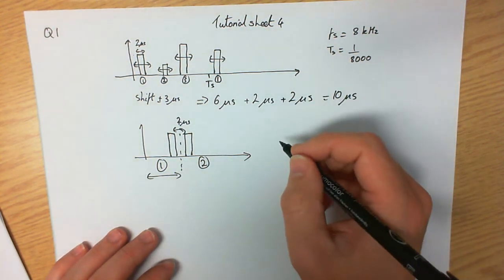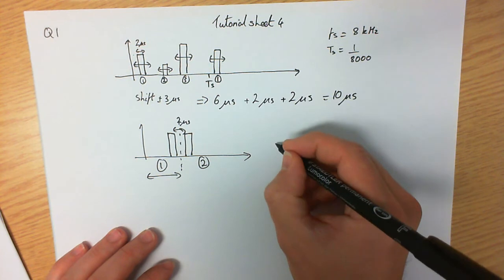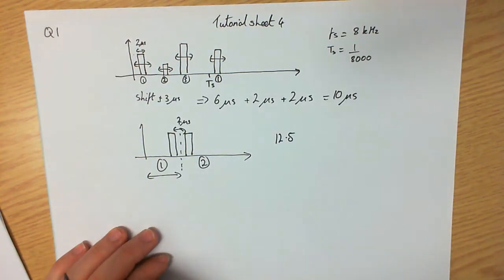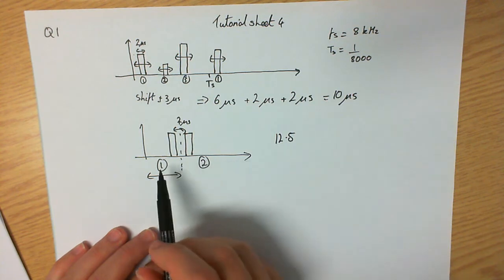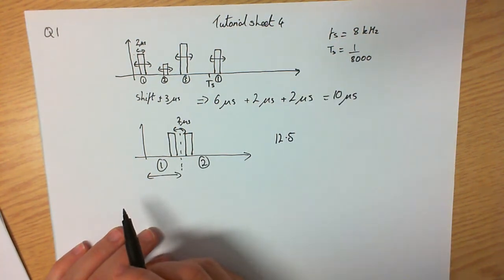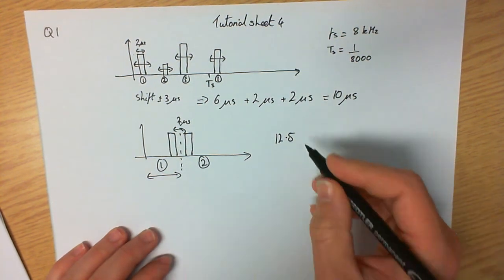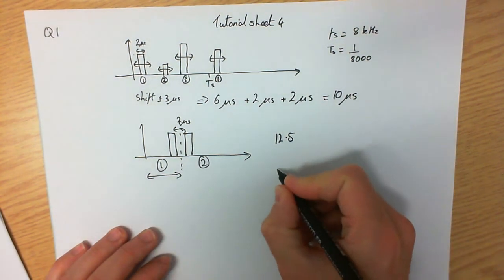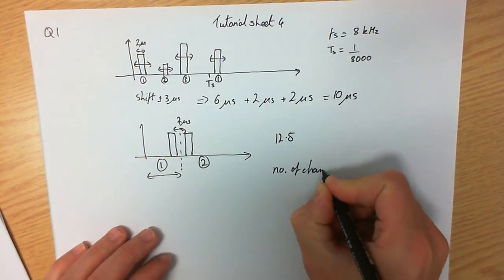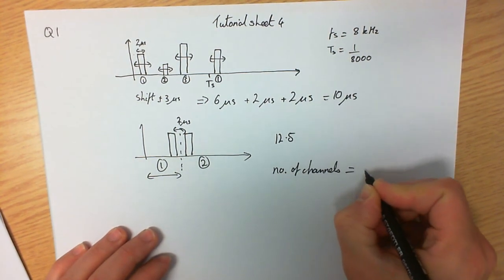And if you work that out, what you get is 12.5 potential channels that you can fit into 1/8,000 seconds. And of course you can't have half a channel, so the final answer is that the number of channels is equal to 12.